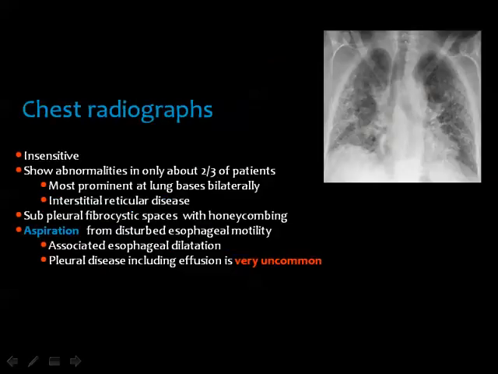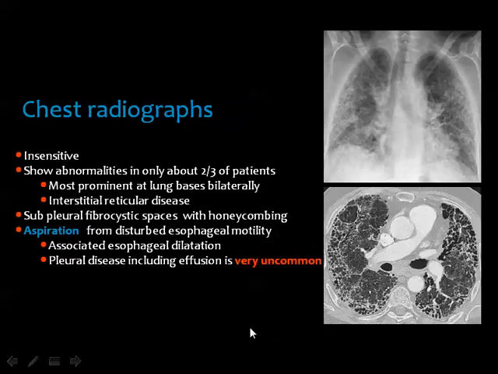Then, if you know that this patient had scleroderma and you call this scleroderma interstitial lung disease, if you know that he has rheumatoid, then this is rheumatoid induced interstitial lung disease. At that time, you can see a picture which is exactly similar to usual interstitial pneumonia.